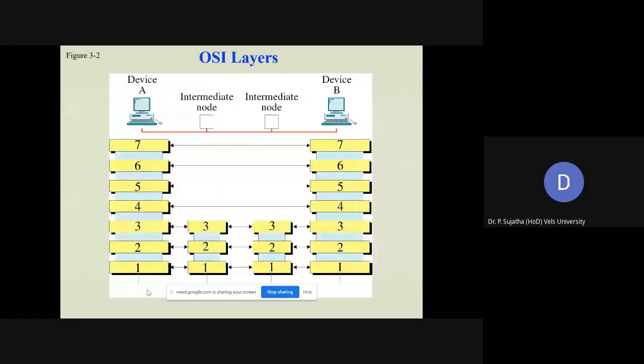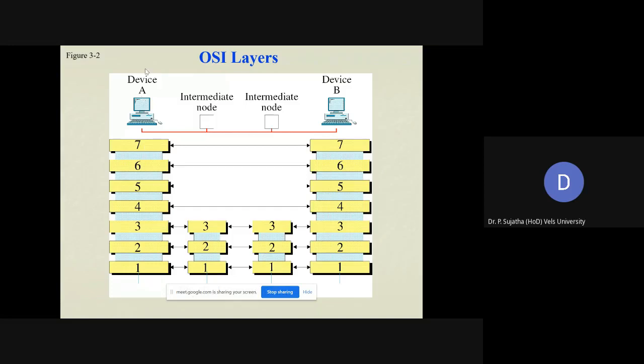First of all, from the application layer, it goes to the data layer. No, not from the application layer, from the physical layer of the intermediate node. You misunderstood the concept.